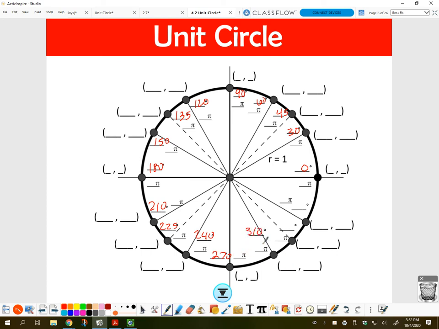Sorry, these are kind of all over the place. That's literally not 310. What did I just say? 310 is not on the unit circle. Sorry, 300, 315, 330, and 360.